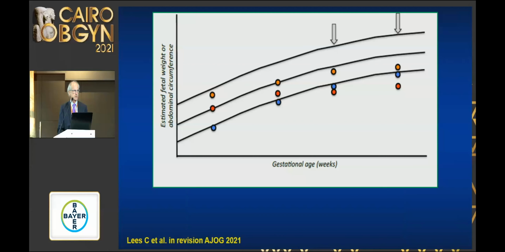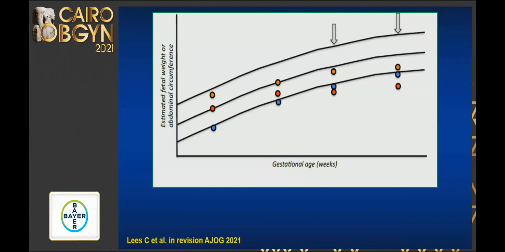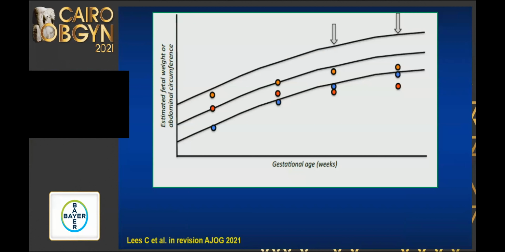However, okay, I do it without the pointer. The blue dots show you a growth which is parallel to the centiles. So this is a small baby, but it is not a flattening of the growth curves.